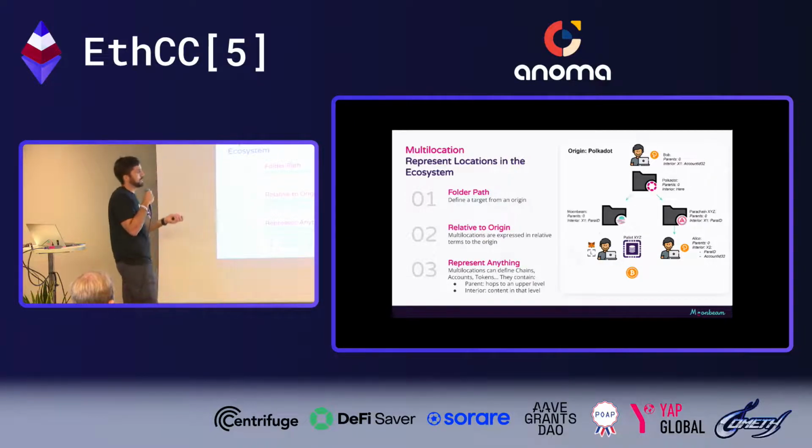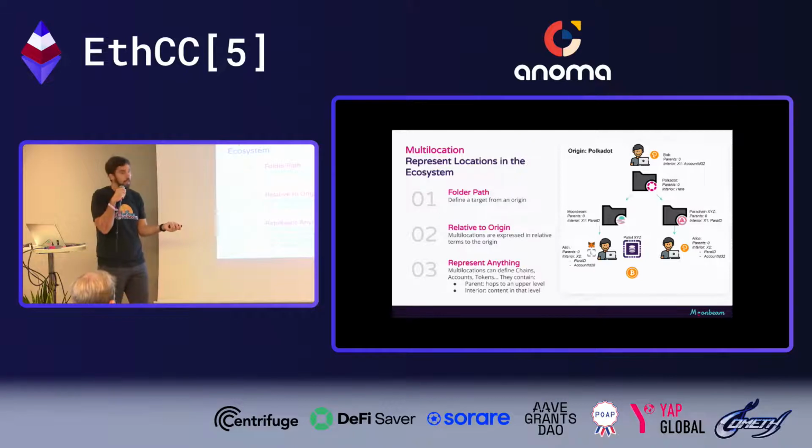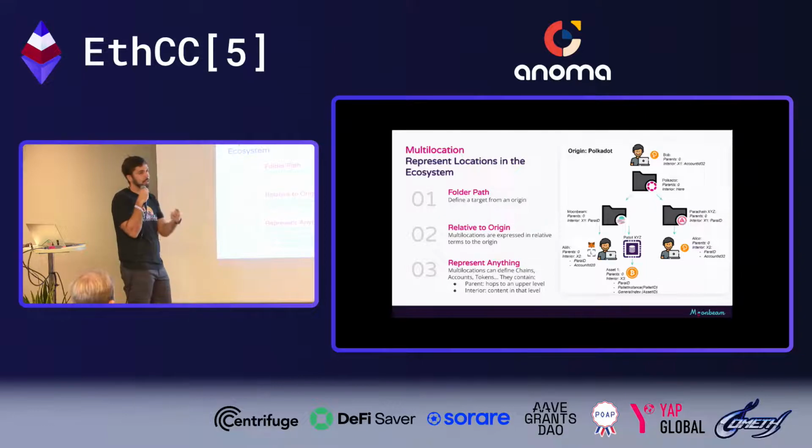On Moonbeam, it's very similar, right? If you want to target the parachain, you can do parachain ID. And the main difference for Alice, which is another account, is that we use Ethereum-style accounts, right? This is not Polkadot accounts. This is Ethereum-style accounts. Let's say that from Polkadot, you want to target an asset that we have on Moonbeam, right? The idea is that that asset lives under a pallet, which is specific sort of logic.